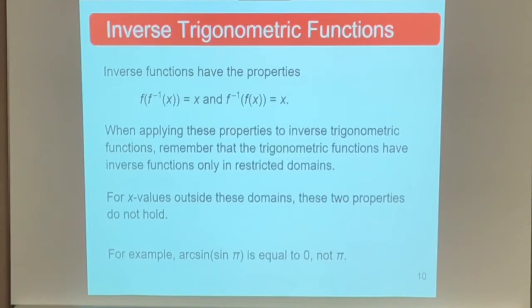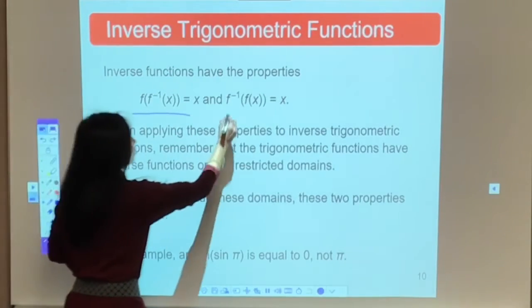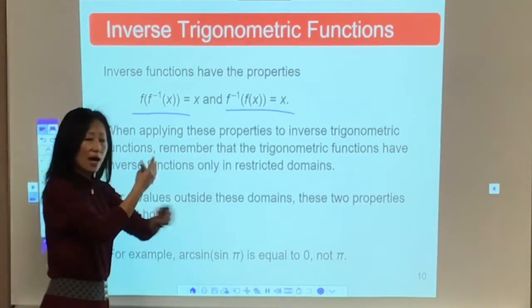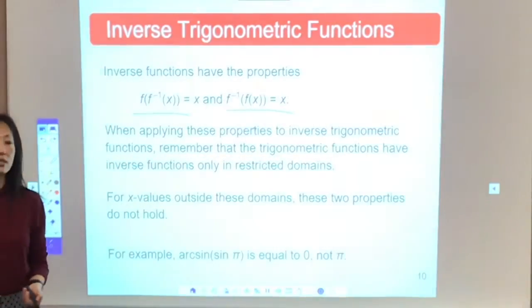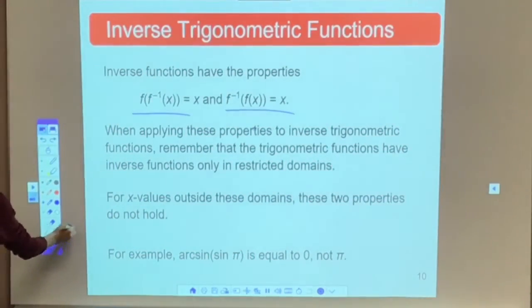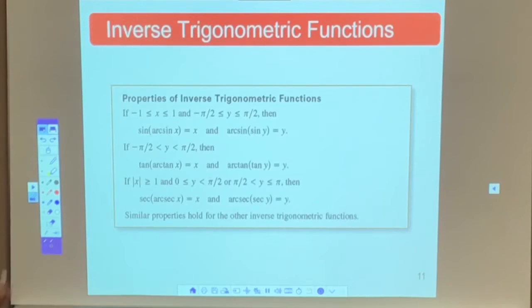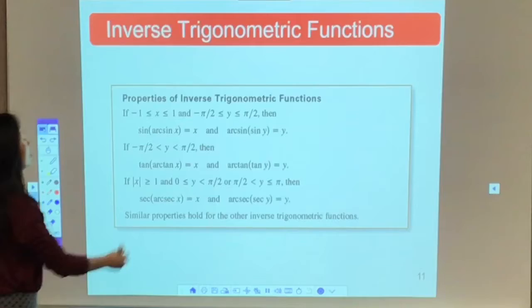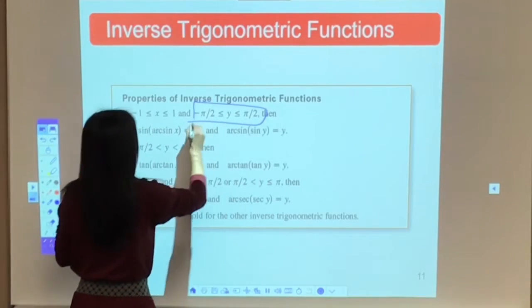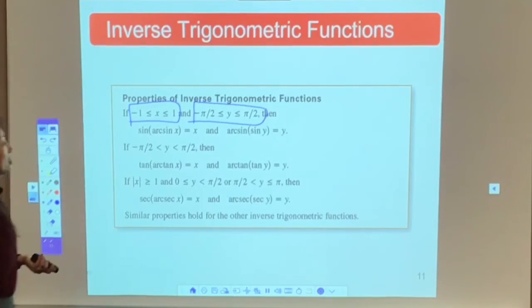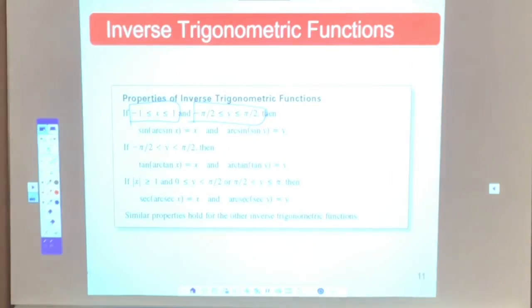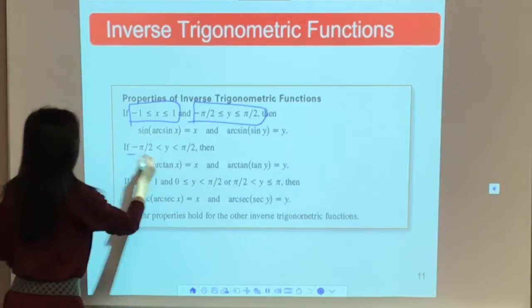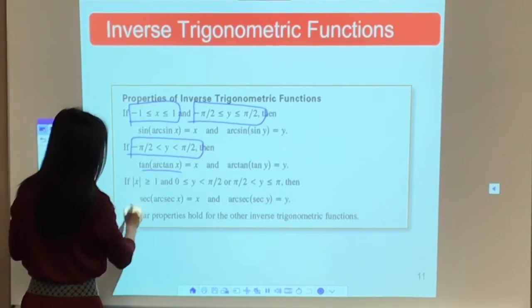All right, just like we said, remember, they're inverse to each other, so when you compose them, they equal what? x. For this case, we are going to look at only this as my y, and that's my x. I'm only looking at that from our arctangent.